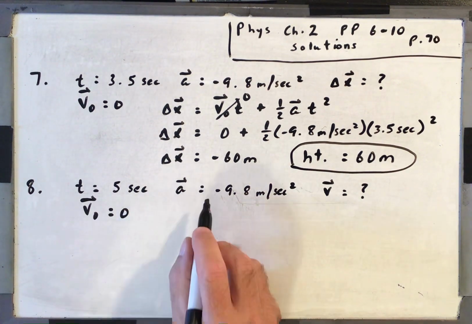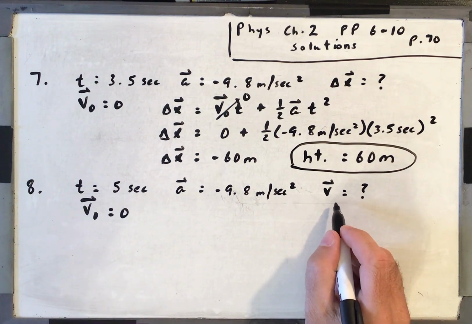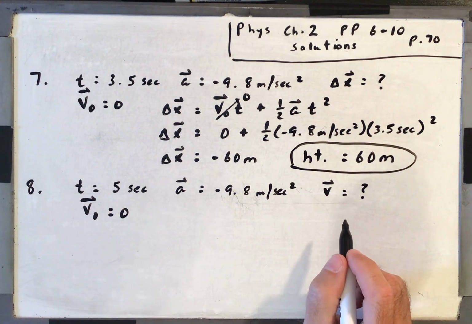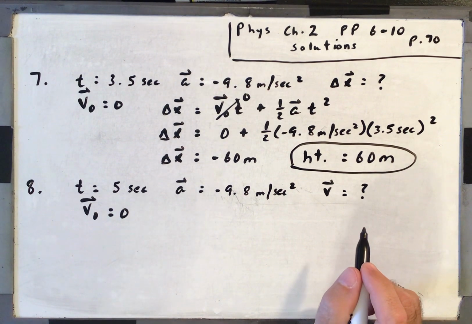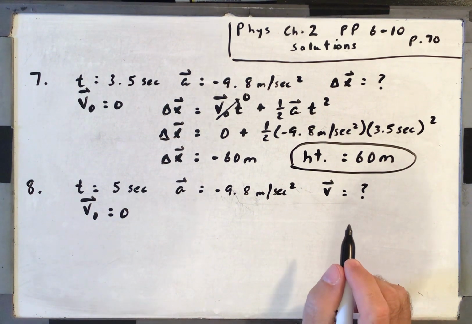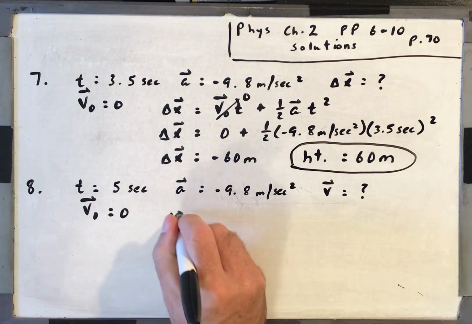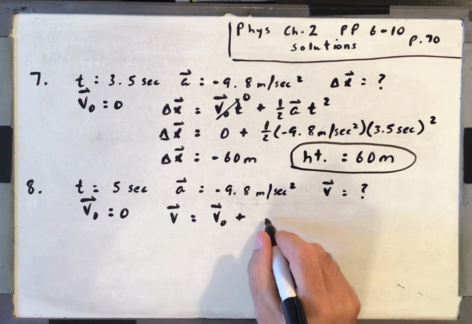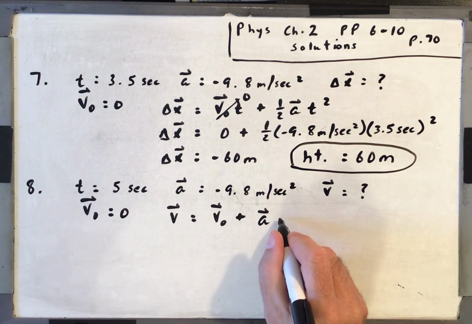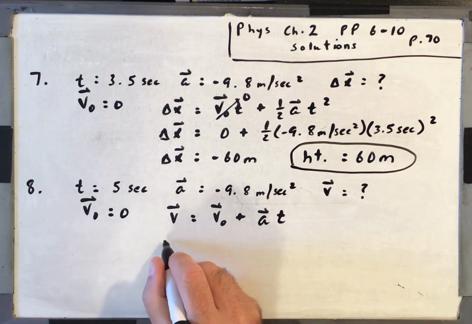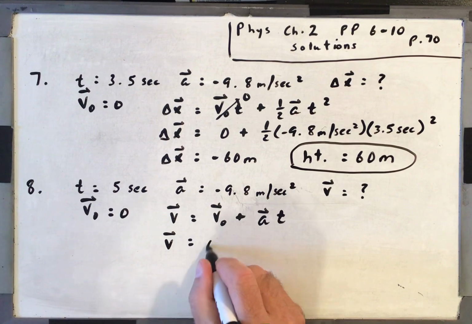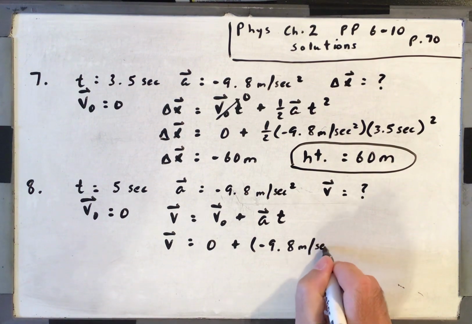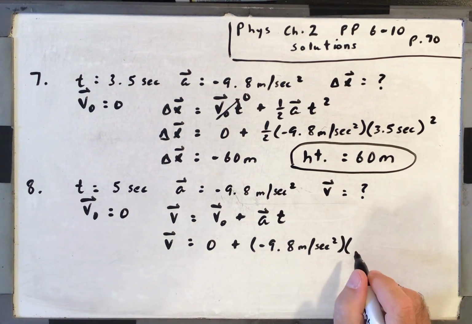Okay, again, we have time, acceleration. We want to know final velocity. So in this particular case, we could use equation 1 even. So let's go ahead and use that. So that would be velocity is equal to initial velocity plus acceleration times time. All right, so our final velocity is equal to 0 plus negative 9.8 times 5 seconds.